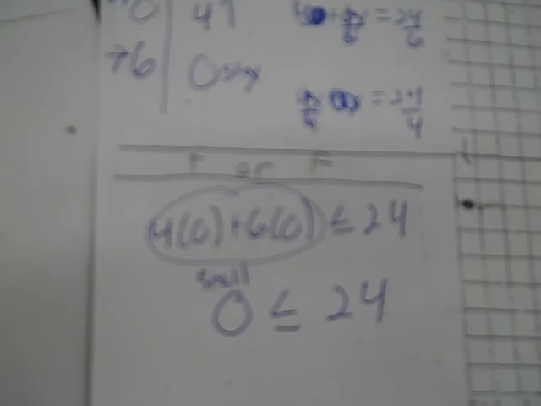Then the sign, and then 24. Okay, what's smaller? 0's smaller, okay? So does the nose point towards a smaller number? Yeah, it does, okay? There's a nose, smaller number. That's a true statement, okay? So true.